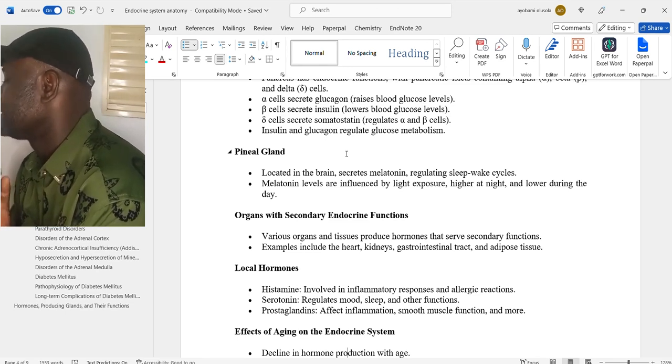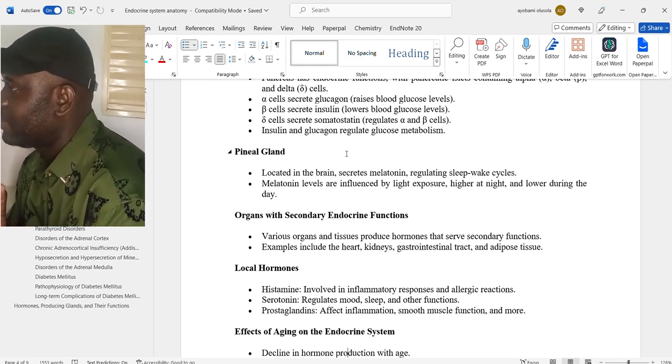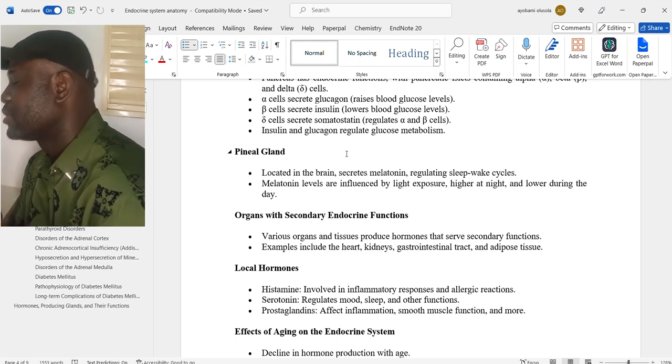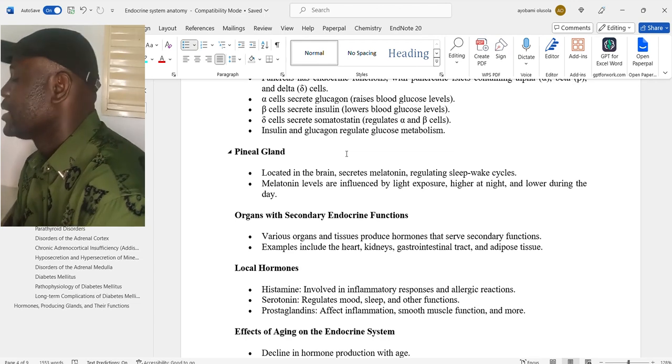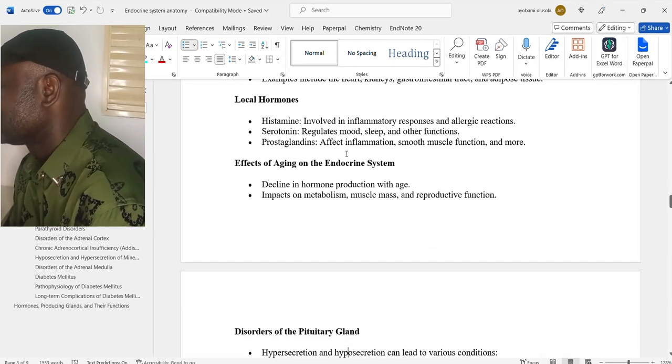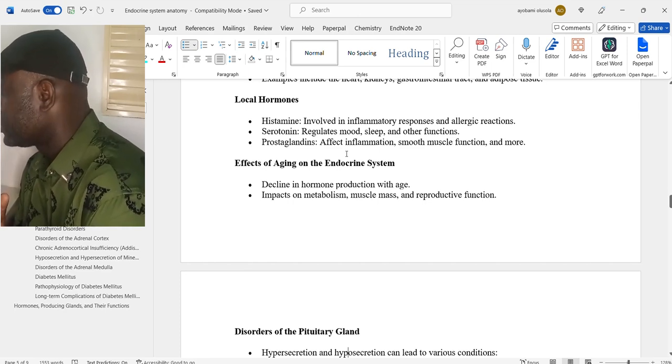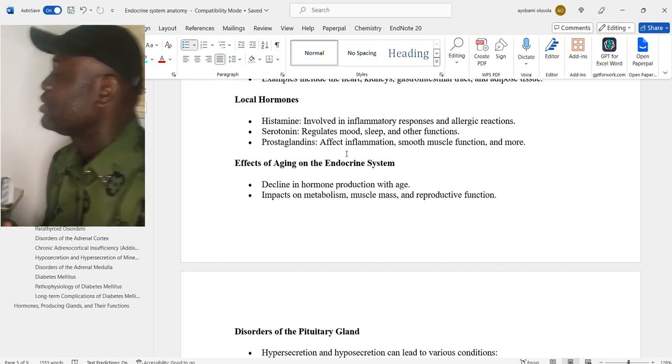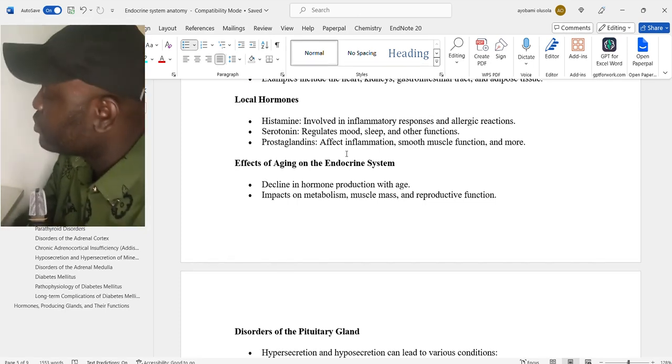There are organs in our body that are not primarily endocrine organs, but they have secondary endocrine functions, like the heart, the kidneys, gastrointestinal tract, and adipose tissues. Then there are also hormones in our body that are called local hormones.